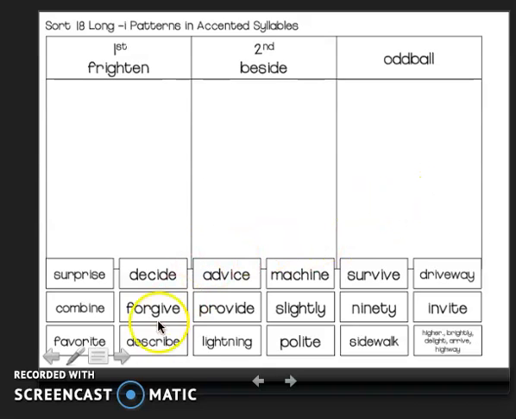Let's read these words together. Ready? Surprise, decide, advice, machine, survive, driveway, combine, forgive, provide, slightly, higher, invite, favorite, I also pronounce it favorite, describe, lightning, polite, sidewalk, higher, brightly, delight, arrive, highway.